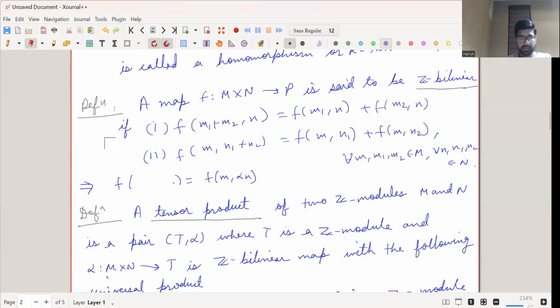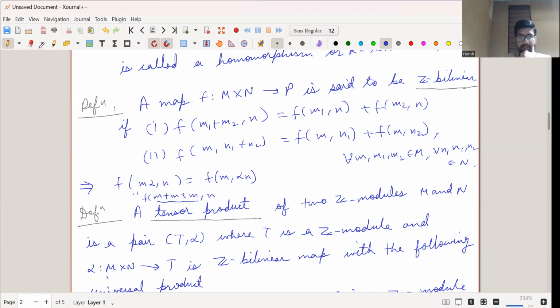In general, for notation purposes, I will write m alpha comma n, because you can take m alpha to be m plus m, alpha many times, and it will give you f(m plus m, n).